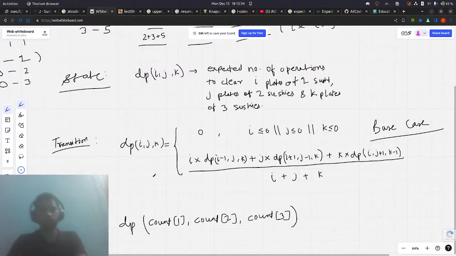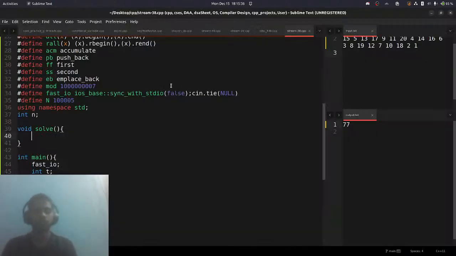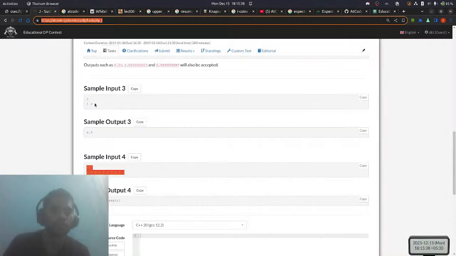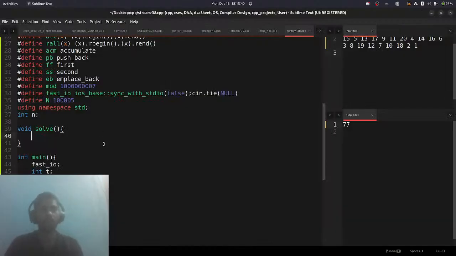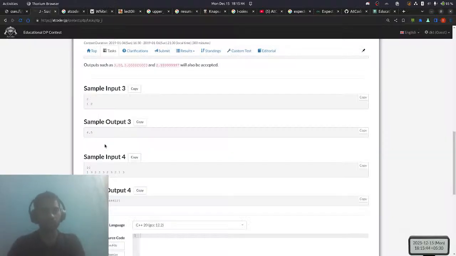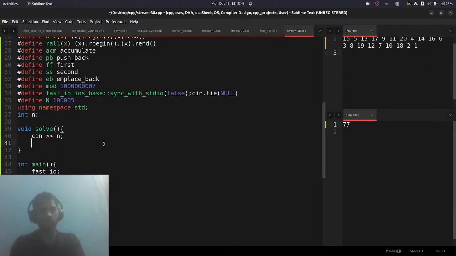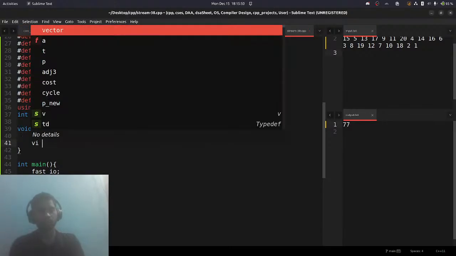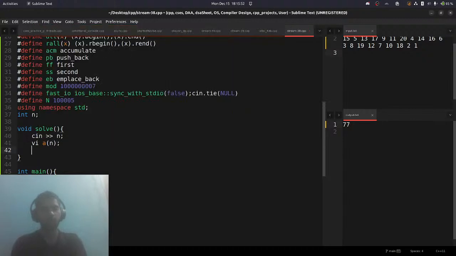Okay, so input n, and then we will have a vector that will contain the values.